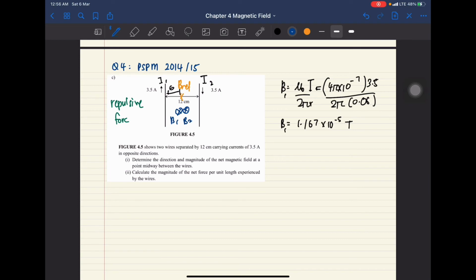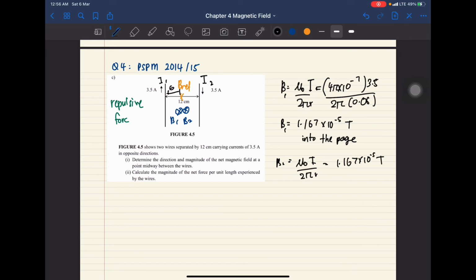So for B1 you answer, maybe you can write into the page. If I want to calculate B2, I can use the same formula, and since all the values are the same, including the distance, because it is at midway, I will get B2 equals 1.167 times 10 negative 5 as well.